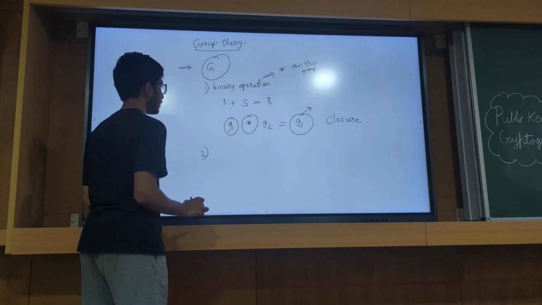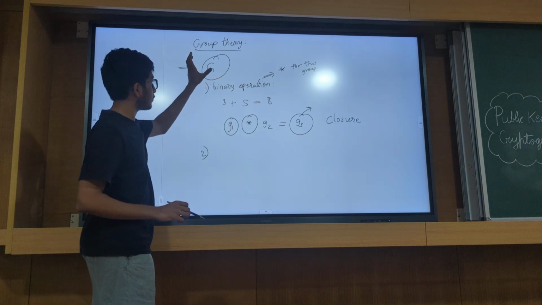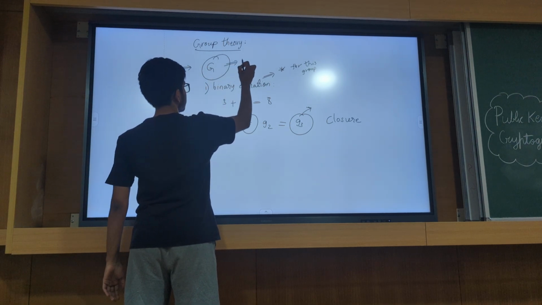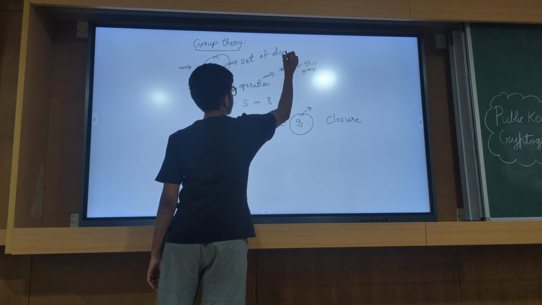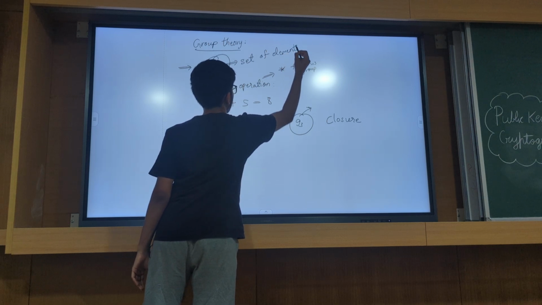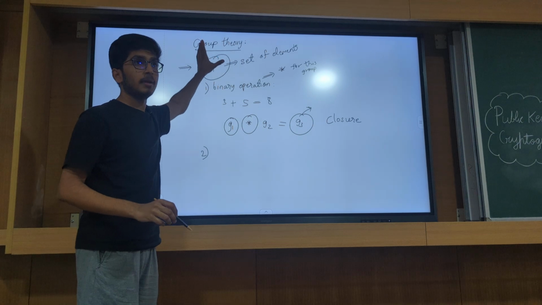The second property is that there should exist some element. Think of this just as a set of elements. They can be numbers, they can be anything, they can be matrices and all. There should exist some element in the set of elements.